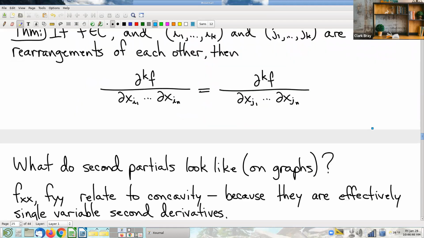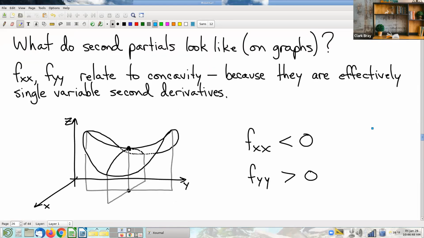Okay, so what do these things look like? The first step of what we're going to talk about is actually pretty familiar. Specifically, let's talk about fxx, fyy. So we'll start with xx. It's about concavity, just like it is in single variable calculus.